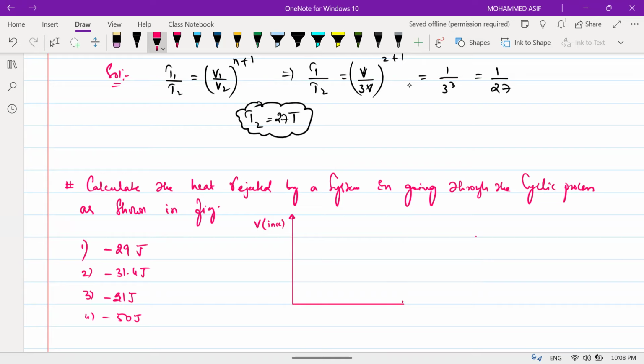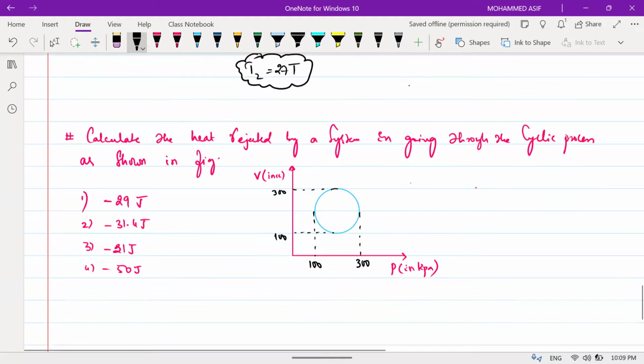Look at the graph, on the other axis there is pressure, pressure in kilopascals. This is the shape. Everything is given. Here one data is given like this, then one data here, then one data here, and then one data from here. This one is 100, this one is 300, and here it is also 100, and this one is 300. This is the given data. Calculate the heat rejected by the system.